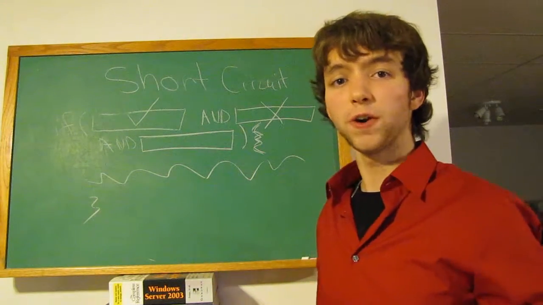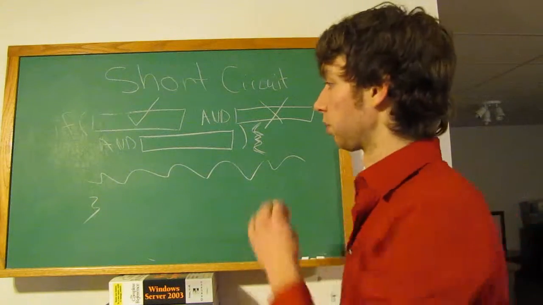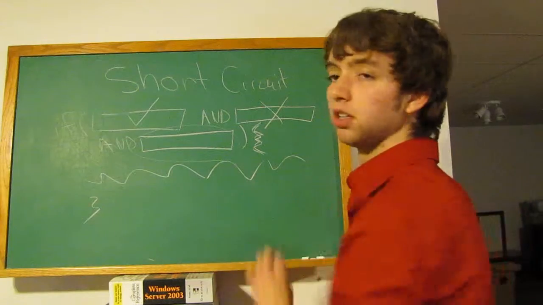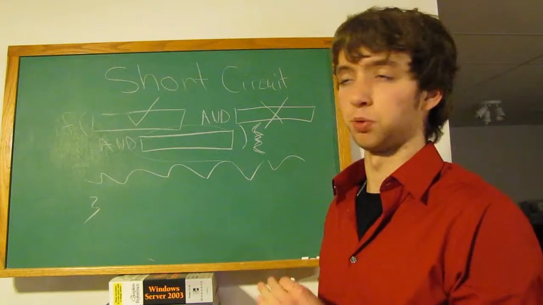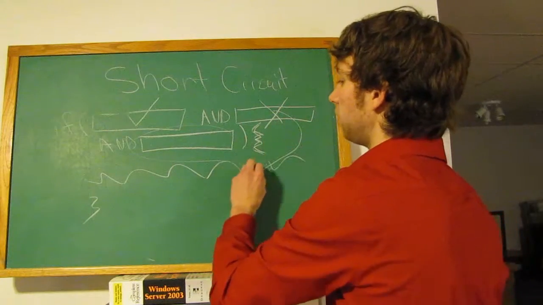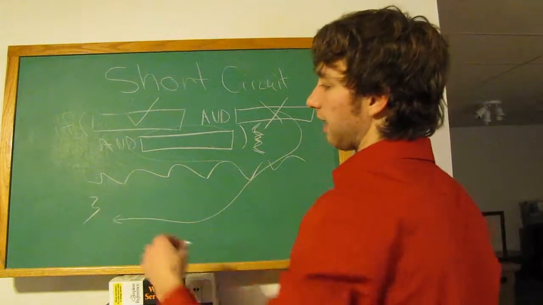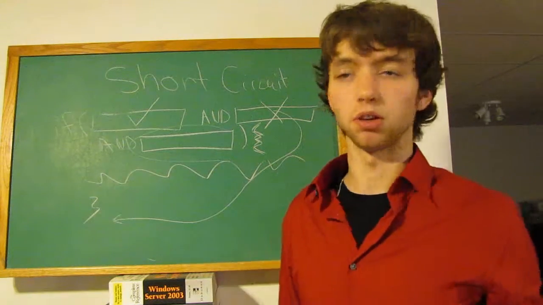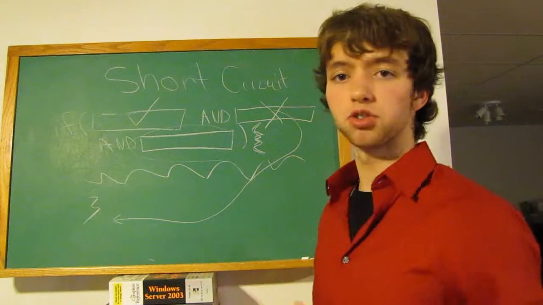Well, we already know they all have to be true in order for this code to work. So even without even testing this one here, we still know this is not going to work. So PHP will actually skip over that one and just start running after the if, executing, whatever you want to call it. So that's a short circuit.